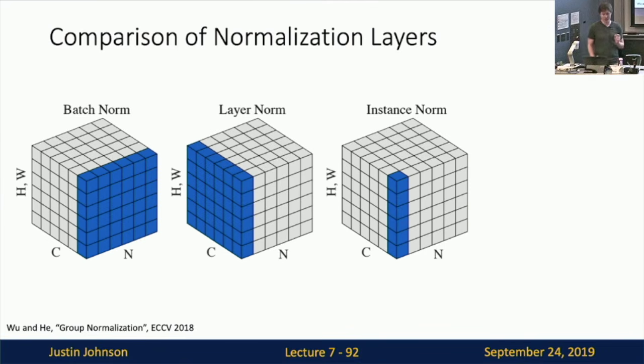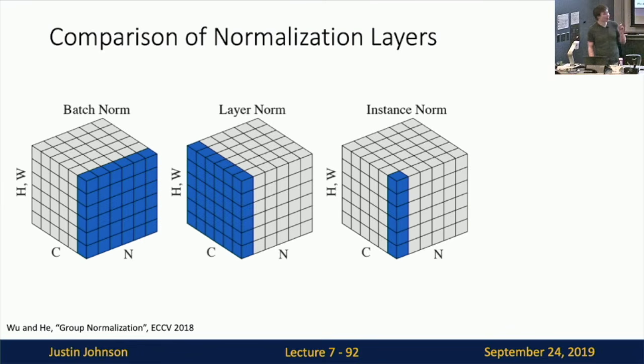There's this beautiful figure that gives us some intuition of the relationship between these different types of normalizations. If we have a tensor with a batch dimension, a channel dimension, and some spatial dimensions, then you can see that batch normalization averages only over the batch and spatial dimensions. Layer normalization is averaging over the spatial and channel dimensions, and instance normalization is averaging only over the spatial dimensions.